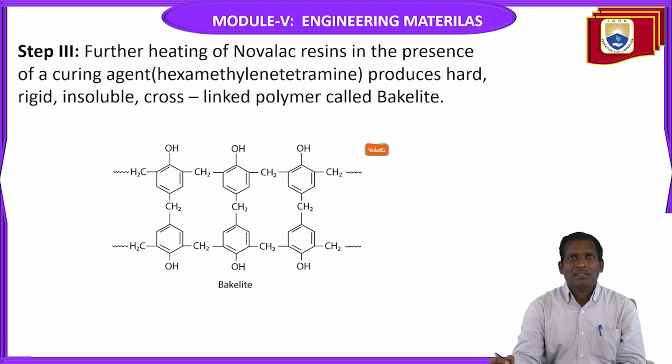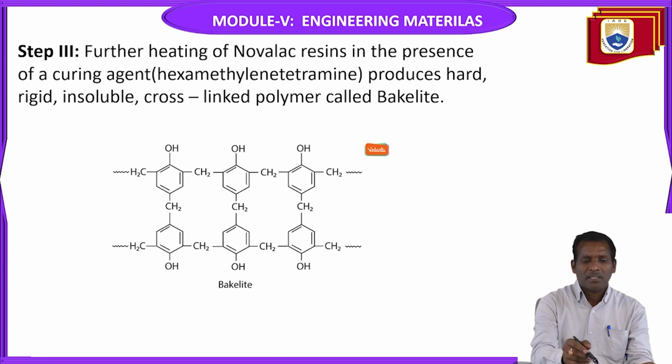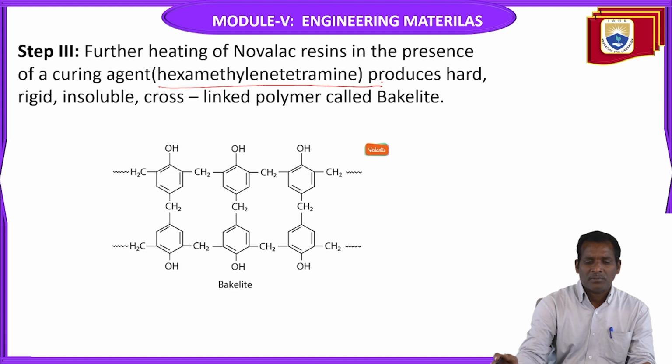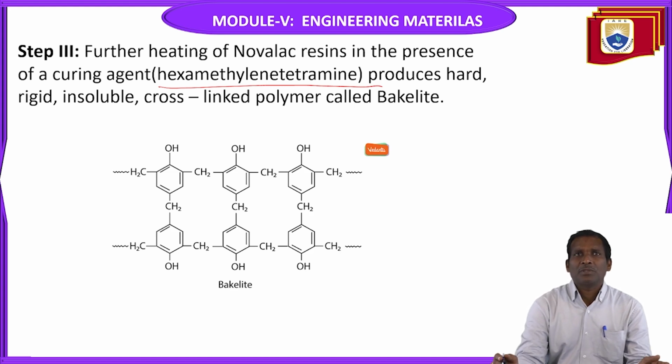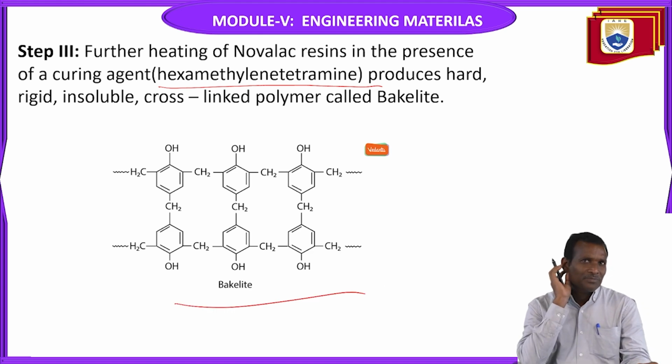You keep on heating this material in the presence of the curing agent, hexamethylenetetramine. This produces a hard, rigid, insoluble, cross-linked polymer called bakelite. The final formation of bakelite can be written like this.